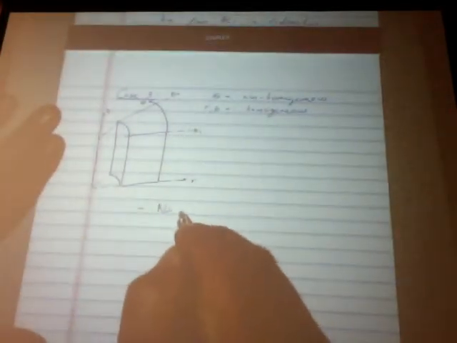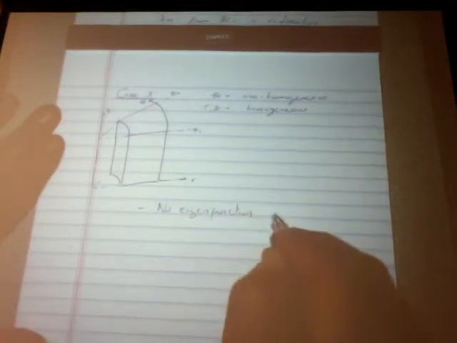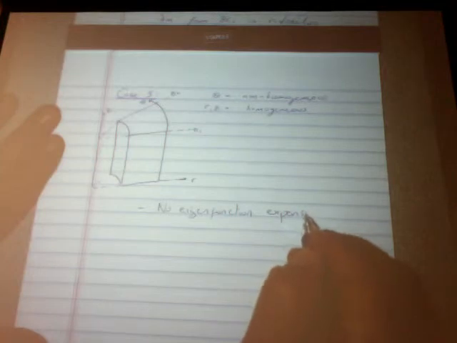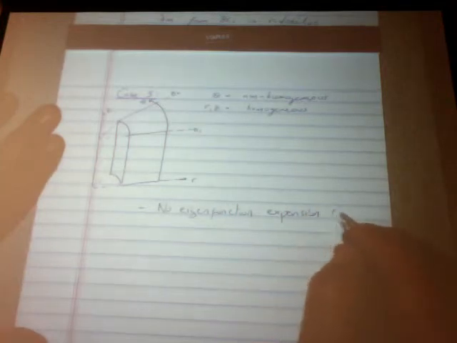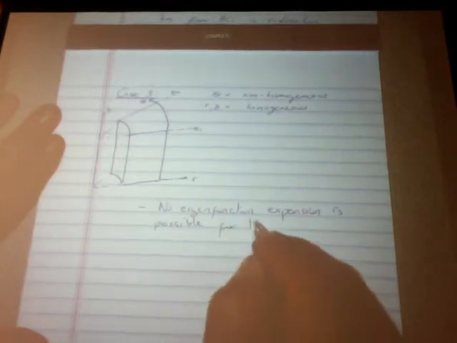So for this particular problem, no eigenfunction expansion is possible for these problems.